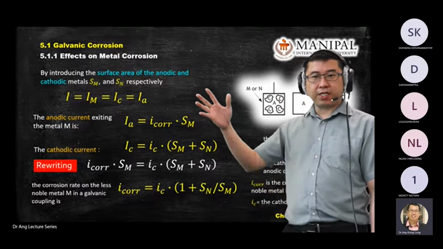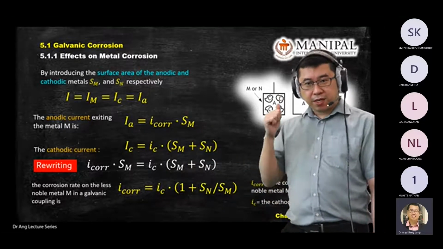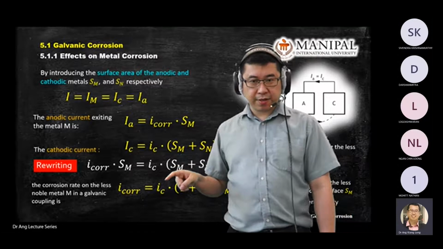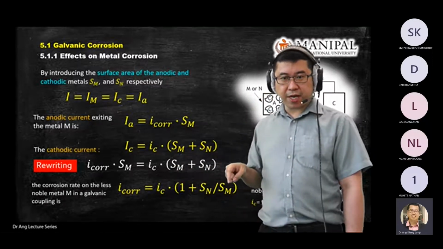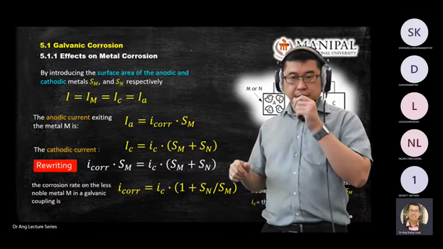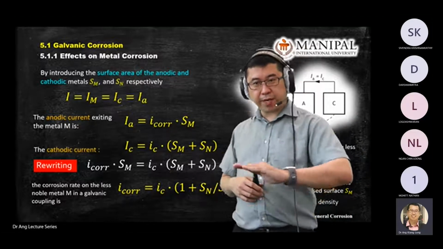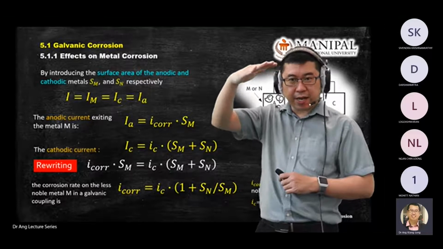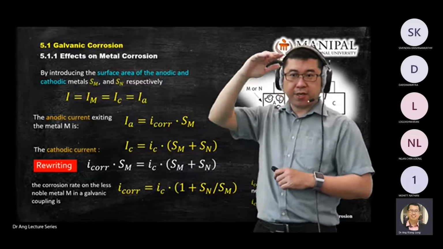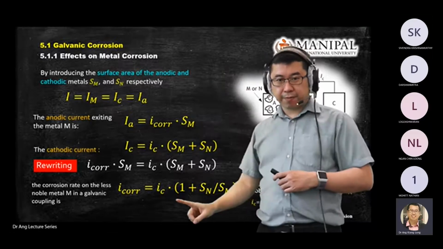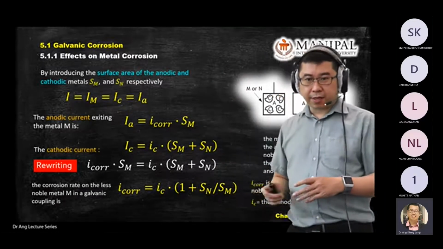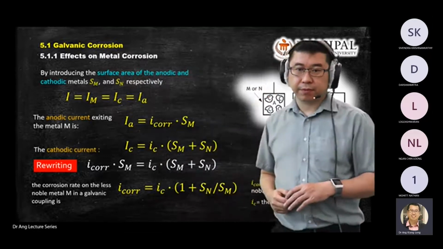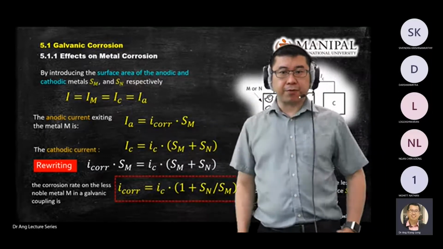So what is important on this slide? The corrosion rate can be calculated if you have the current density, and the surface area exposed to the environment of the less noble metal, which we call S M or the anode surface, and of the higher noble metal N, which we call the cathodic surface. Okay, this equation here is important.